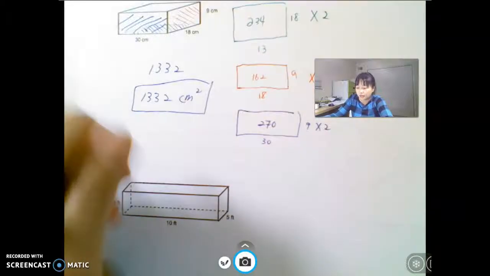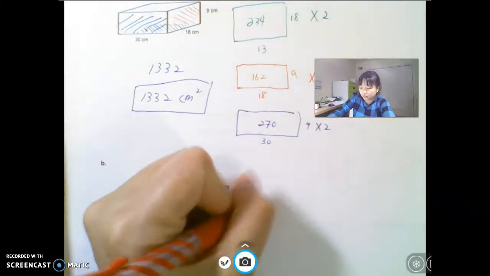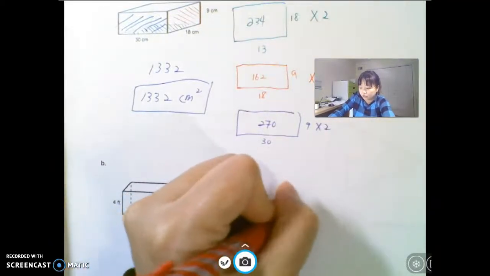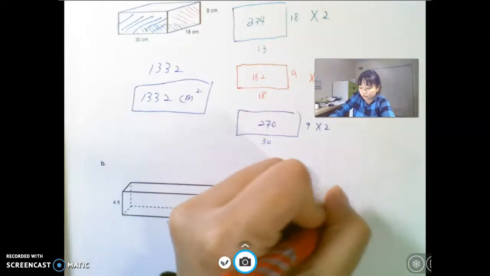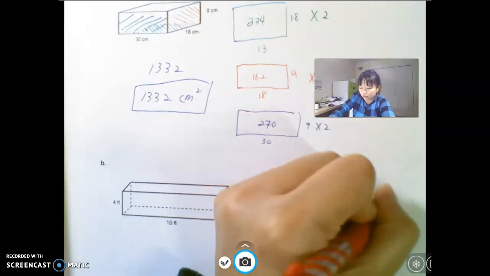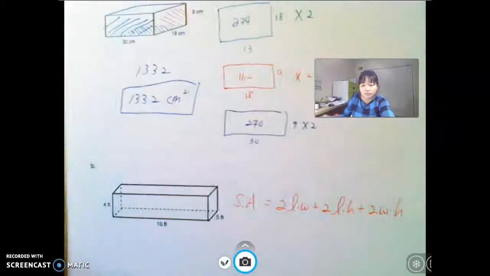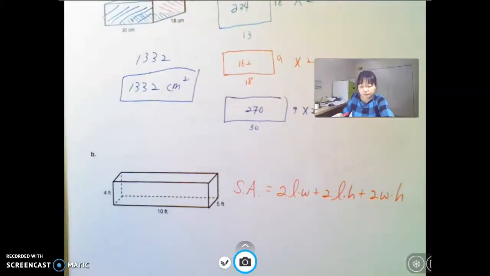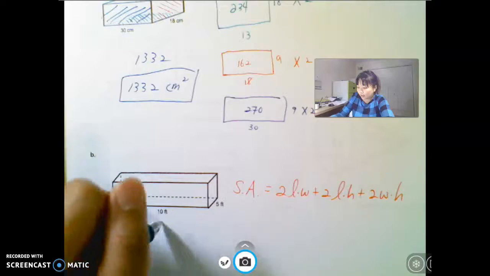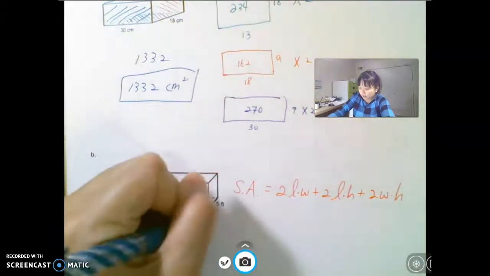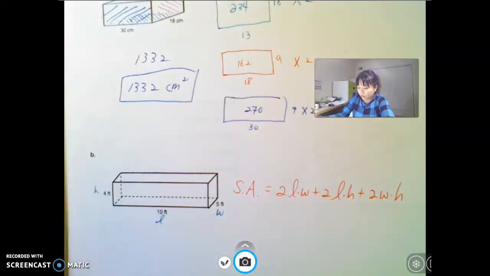Formula for a rectangular prism would be 2 times length times width, plus 2 times length times height, plus 2 times width times height. So we have total of 6 sides, but 2 of each. So length times width, let's say the 10 is length and 5 is width, and then 4 is the height.